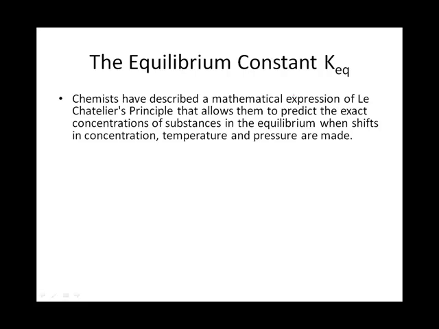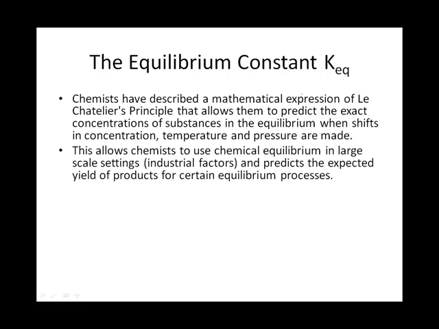Chemists have described a mathematical expression of Le Chatelier's principle that allows them to predict the exact concentrations of substances in the equilibrium when shifts in concentration, temperature, and pressure are made. That is the equilibrium expression. That is KEQ. This expression allows chemists to use chemical equilibrium in large-scale settings to make predictions of expected products for certain equilibrium processes.